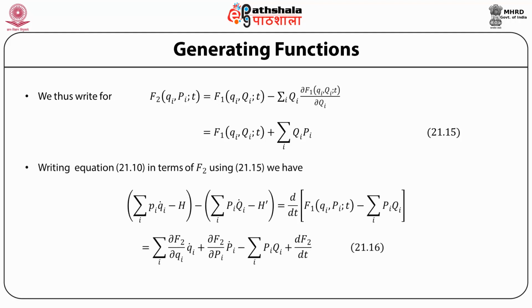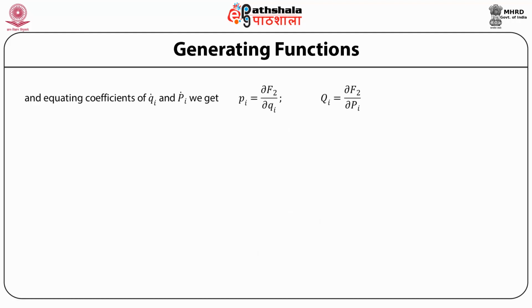So writing the equation 21.10 in terms of F2 using this above relation, we then obtain, by equating coefficients of qi dot and capital Pi dot, the old conjugate momenta pi as a partial derivative of this generating function F2 with respect to the old coordinate qi, and the new coordinate Qi as the partial derivative of this F2 with respect to the new conjugate momenta, and H prime is H plus dF2 by dt.